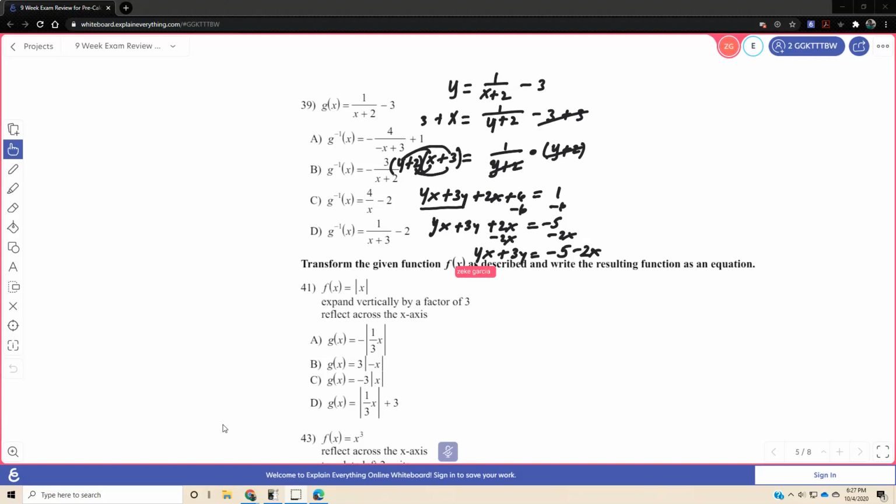We're going to factor a y. So we have y times x plus 3 equals negative 5 minus 2x. And then we're going to divide both sides by x plus 3. So we should have an equation that is negative 2x minus 5 over x plus 3.